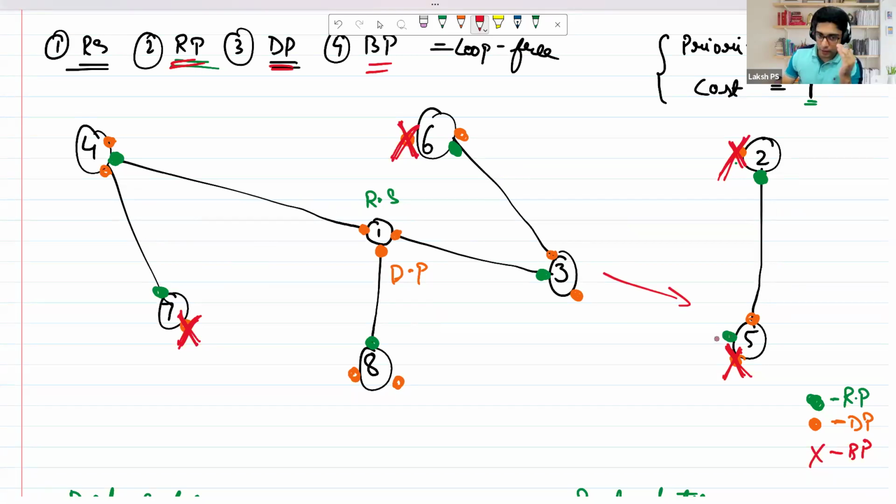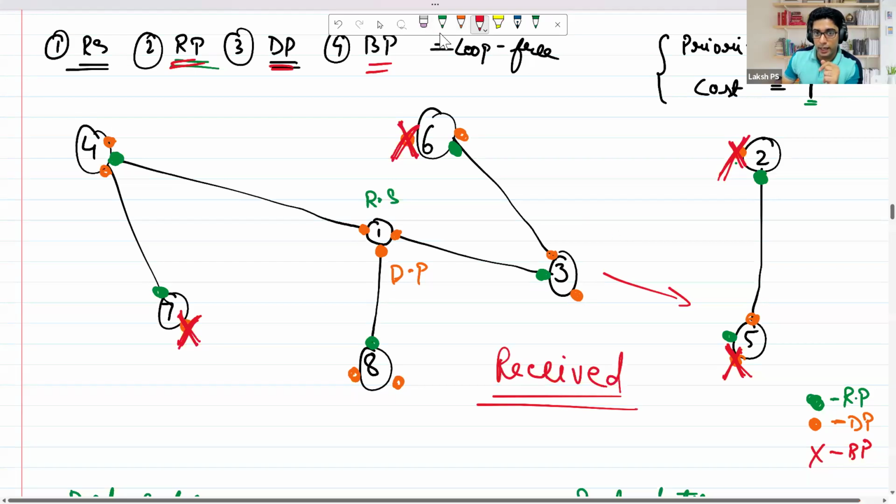Another thing to remember is that BPDUs are always received on the root port, not on any other ports. Received, not sent. BPDUs are received only on the root port.